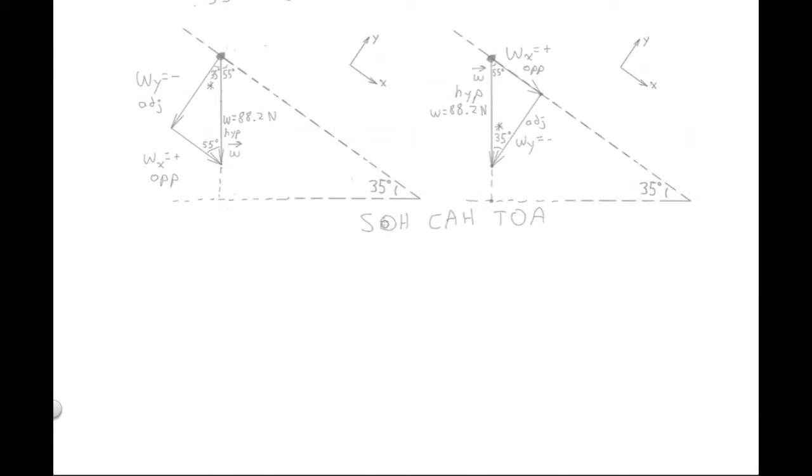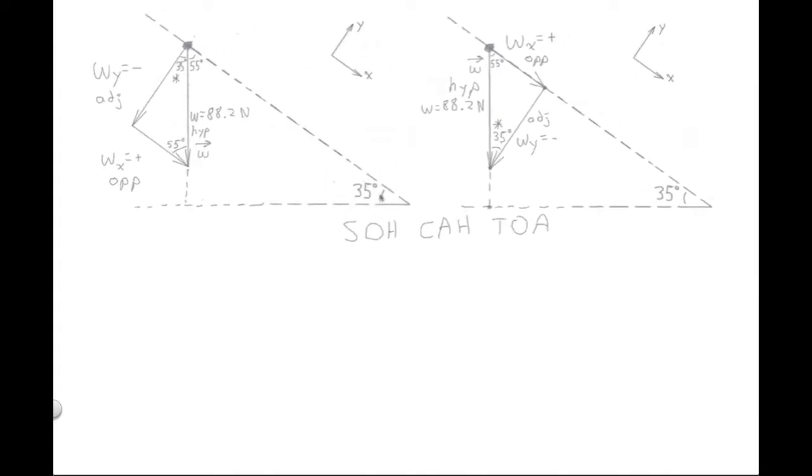Okay, so now we can write our SOH-CAH equations. So we know that sine of 35 degrees is the length of the opposite side over the length of the hypotenuse.